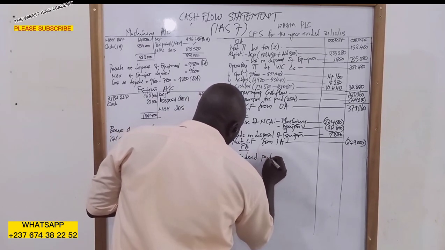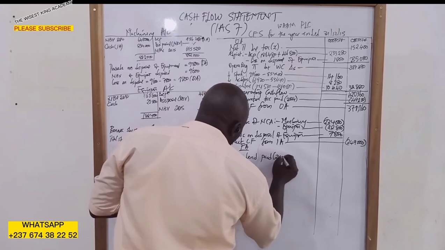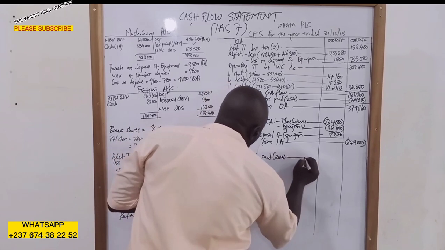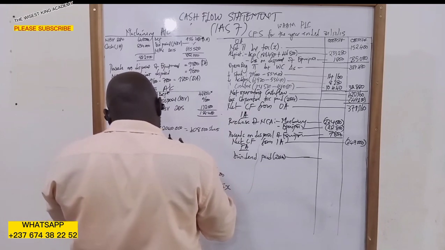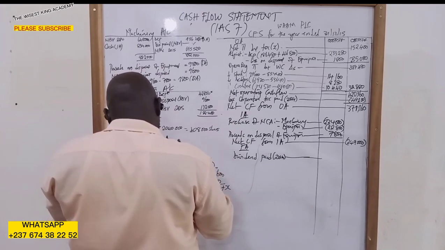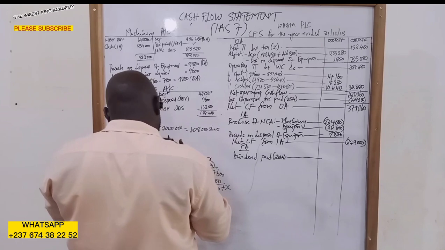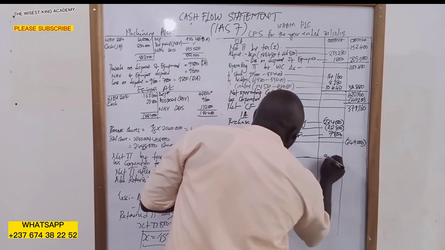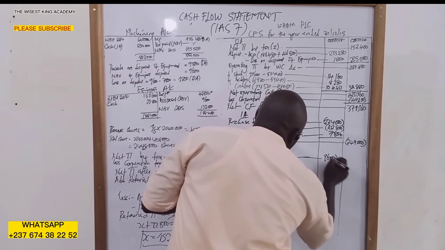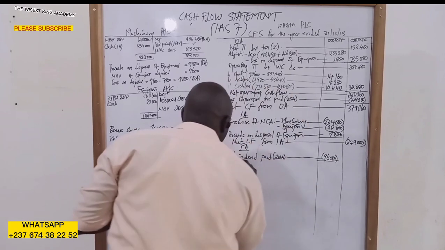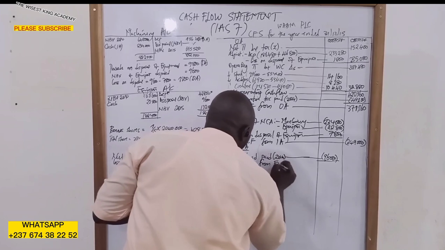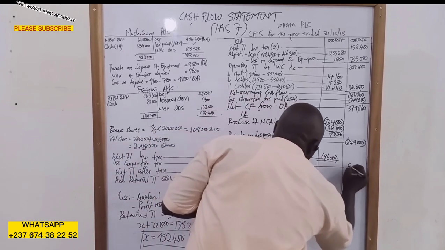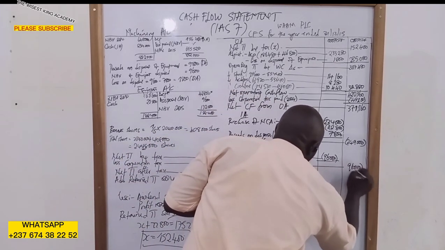The dividend paid in 2015 is the dividend for 2014. You can take it under current liabilities: proposed dividend 2014, that's 96,000. That's negative, so we have net cash flow from financing activities of 96,000.